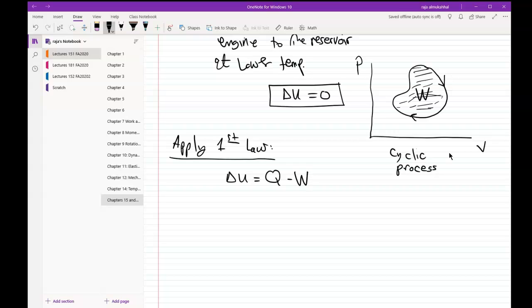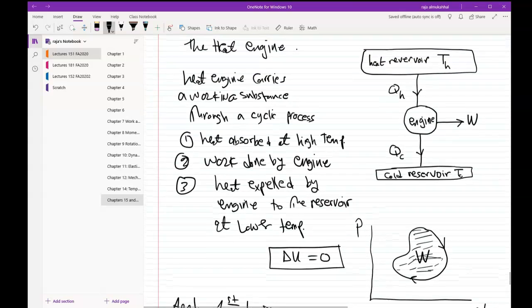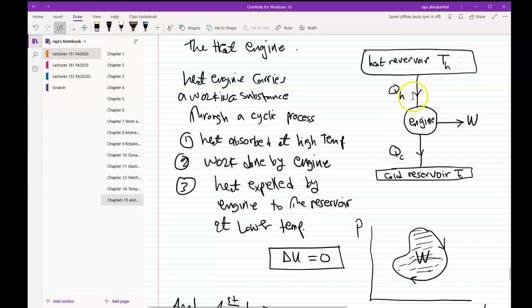Now the Q here, remember, is always the net Q. Here we have two Q's. The hot reservoir is giving off a lot of heat to the engine, and much of that heat is expelled useless, and only a small fraction of that heat is used to do work on the car.